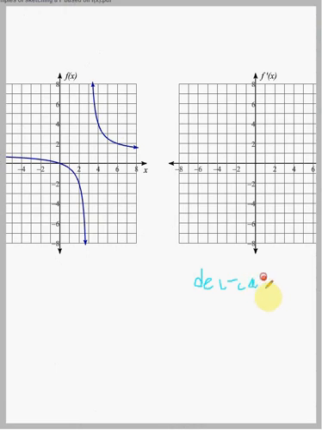A decreasing slope means that everything is going to be under the x-axis. Okay, so that's the first thing you need to know: nothing will be in this upper part because the slope is always negative. So you're never going to go above the x-axis in this graph that we're drawing here.